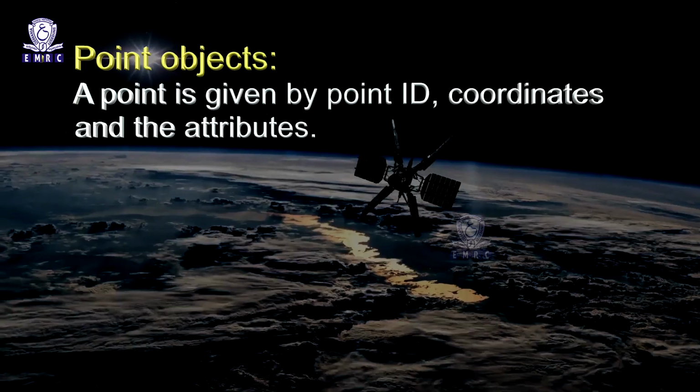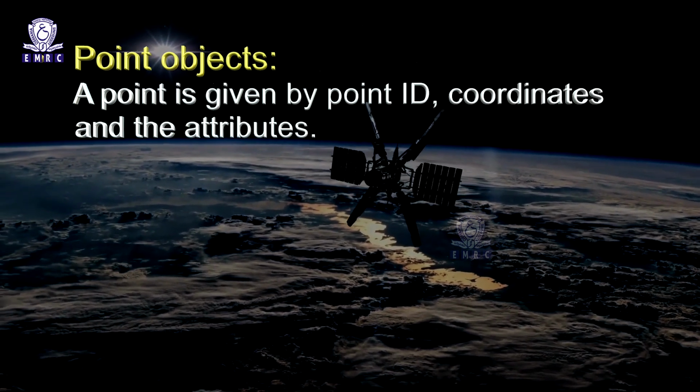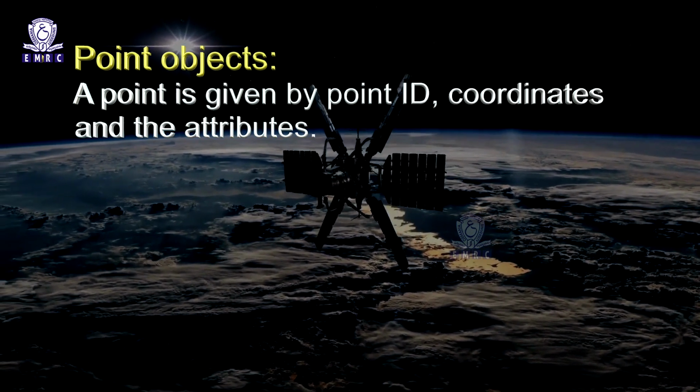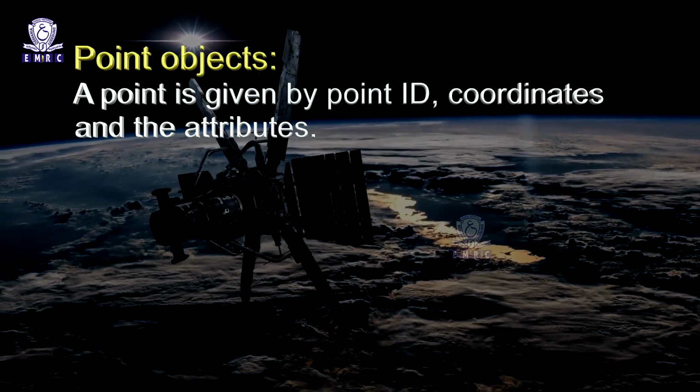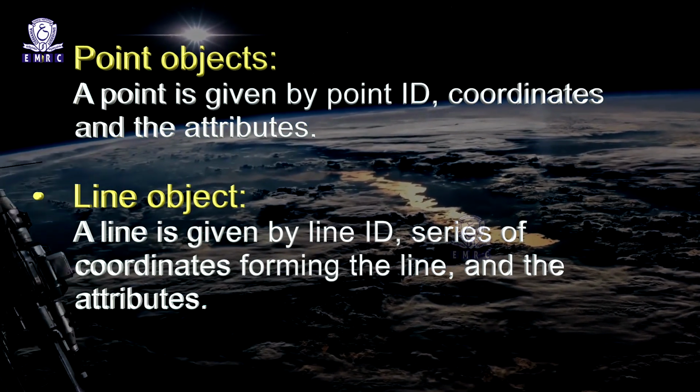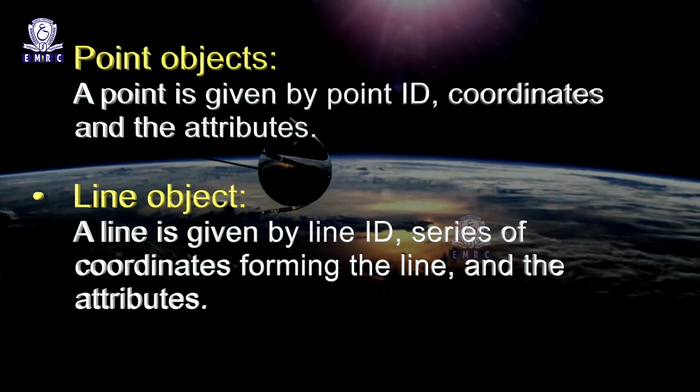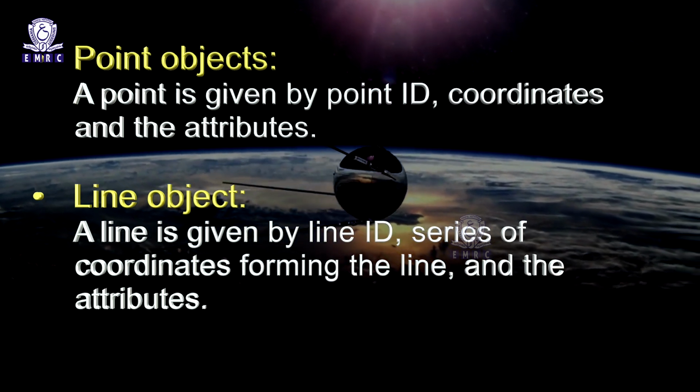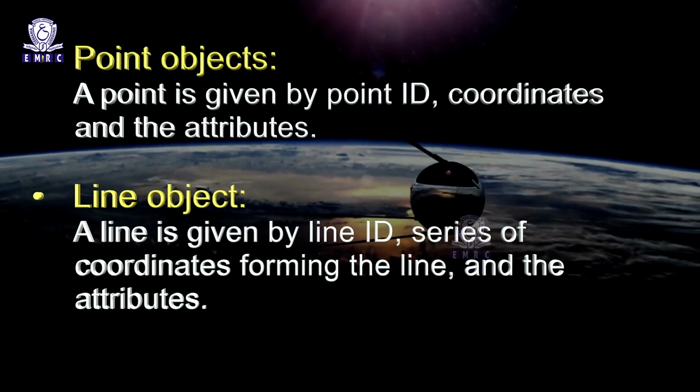The geometry of raster data is given by point, line and area objects as follows. Point objects. A point is given by point ID, coordinates and the attributes. Line object. A line is given by a line ID, a series of coordinates forming the line and the attributes.